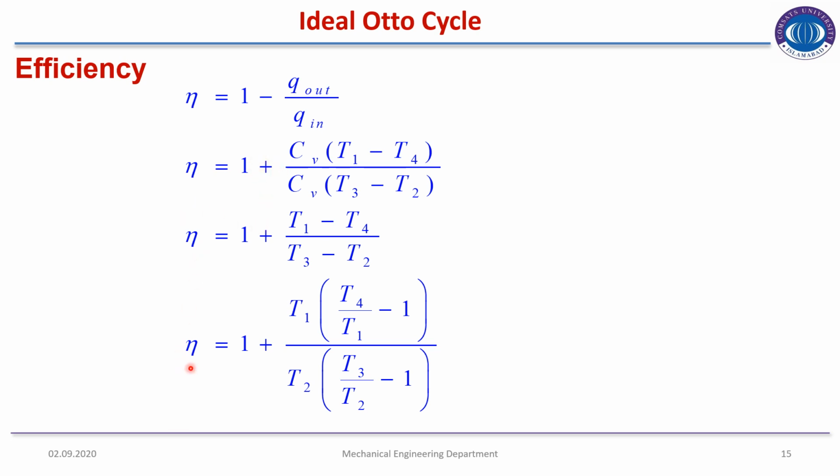So efficiency comes out to be 1 plus T1 (T4/T1 minus 1) over T2 (T3/T2 minus 1). So this is a simplification. Cv will cancel out, and in the numerator we have taken T1 common, and in the denominator we have taken T2 common. So this is the relation for the efficiency of the ideal Otto cycle.